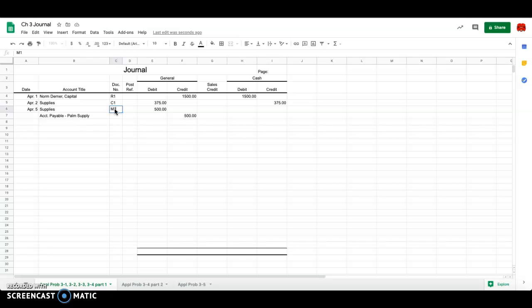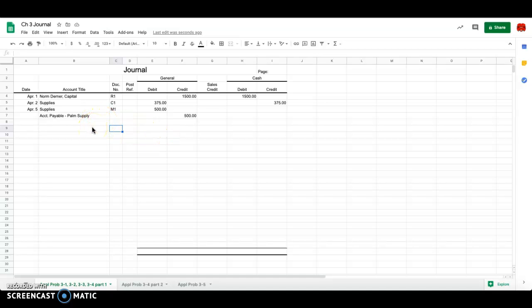So whenever you see a memo, this is what your transaction is going to look like. The memo is going to be a two-line transaction because we're using the general debit and credit column for both of those transactions. It does not involve one of our special amount columns. Okay, so when you see memo, this is what it's going to look like.